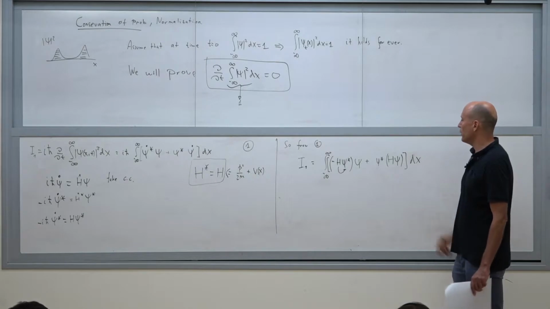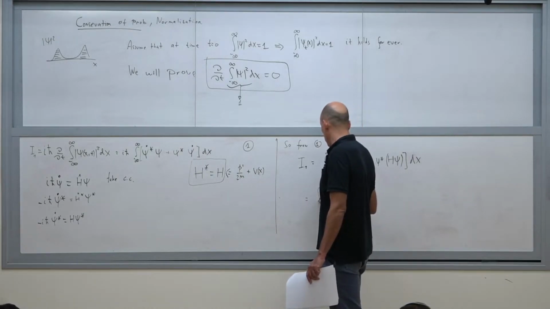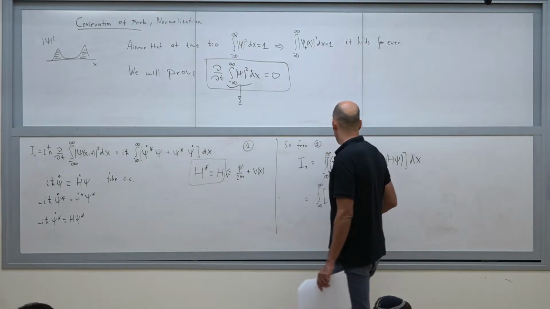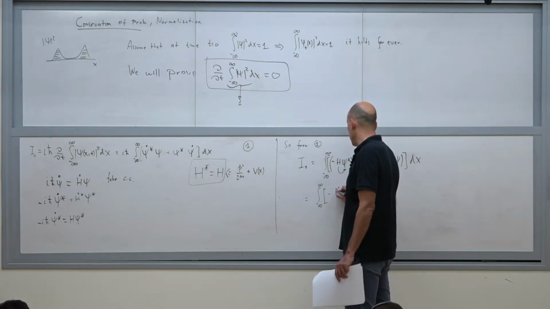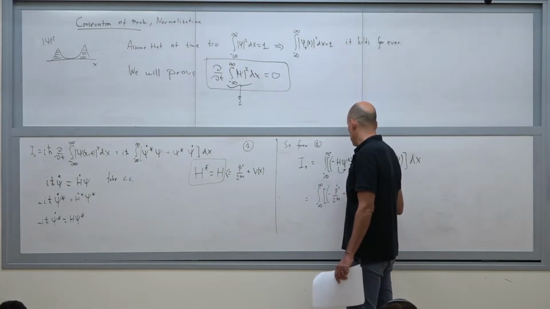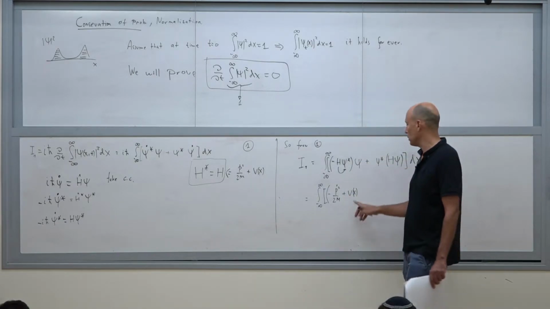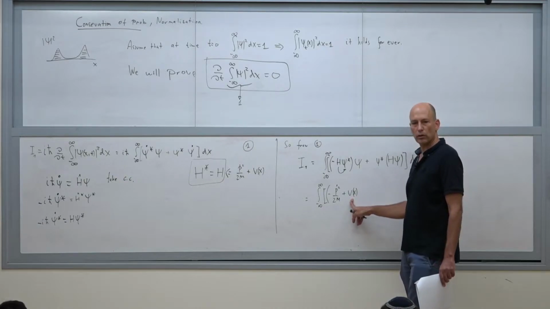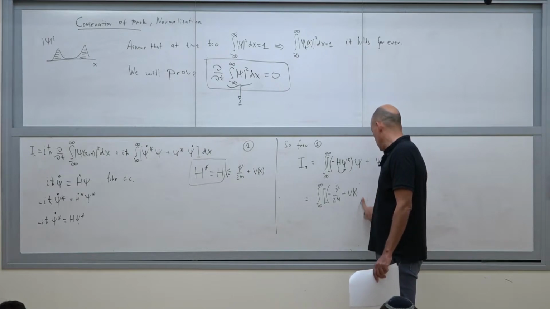Okay, so now I look at this thing. So let us do it. Then I have an integral from minus infinity to infinity. Let us write the Hamiltonian. It's the momentum squared over 2m, p squared over 2m, plus v of x. I write v of x, that's an answer to you. This guy is sleeping now because I'm too lazy to write t, but you can write it also.